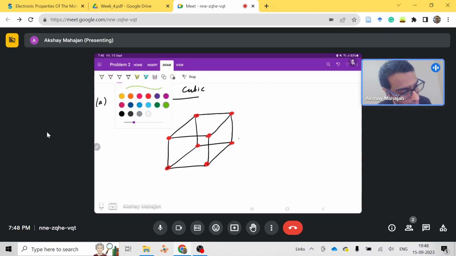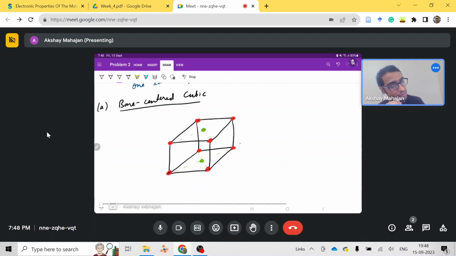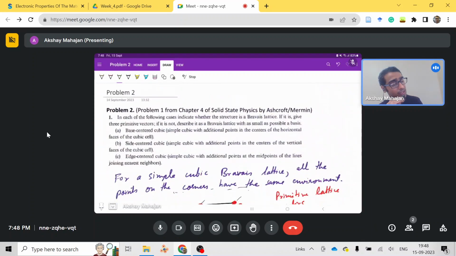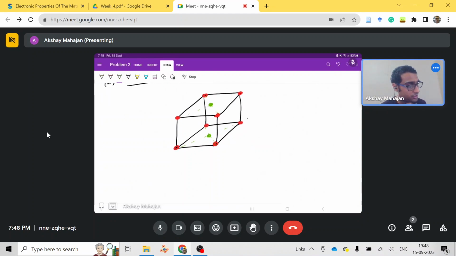So for this, we will put 2 points on the centers of the faces, like 1 point here, and on the center of this face. This is how I find the center, the 2 diagonals meet there. So this is how base centered cubic is defined: it is a simple cubic with additional points on the centers of the horizontal faces of the cubic cell. The horizontal faces of the cubic cell are these 2, and there will be 2 points here. So we have basically 2 additional points.